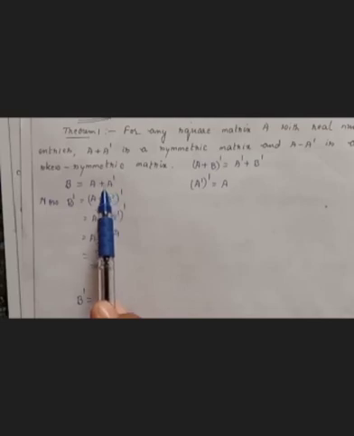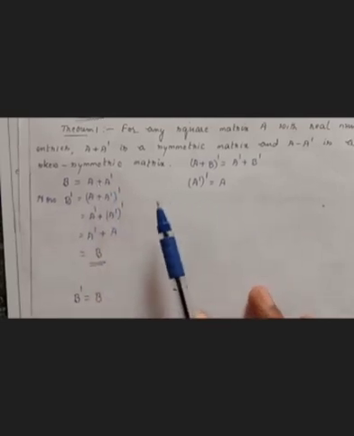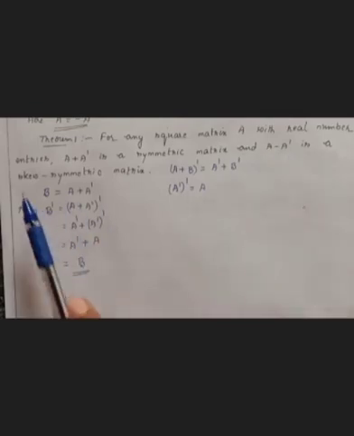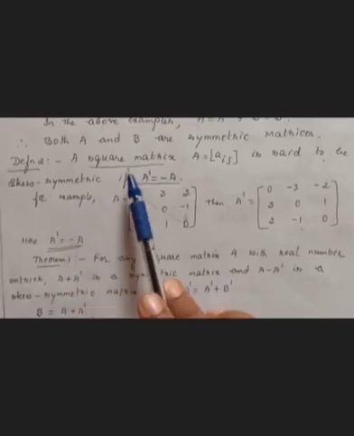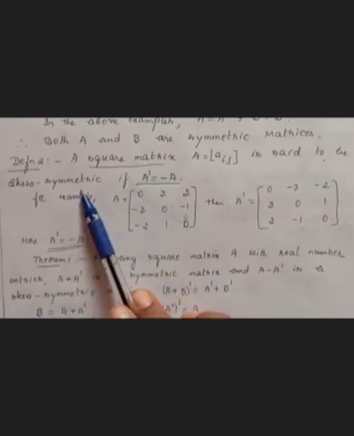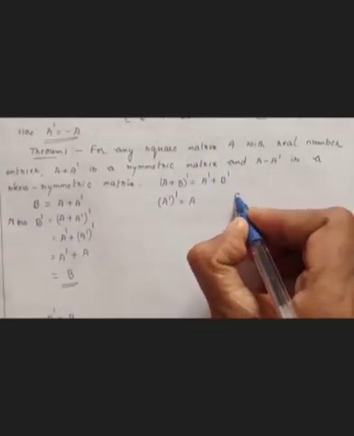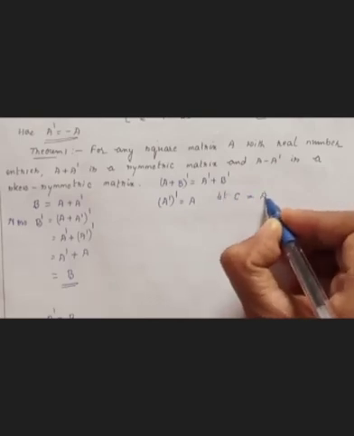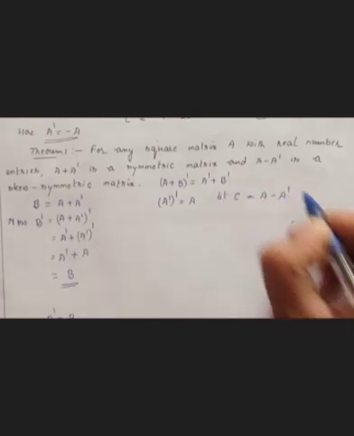Okay. Similarly, we have to prove the other one. What is that? A minus A dash is a skew symmetric matrix. Again, we know the definition of the skew symmetric matrix. A matrix is said to be skew symmetric if A dash is equal to minus of A. So, let C be equal to A minus A dash.